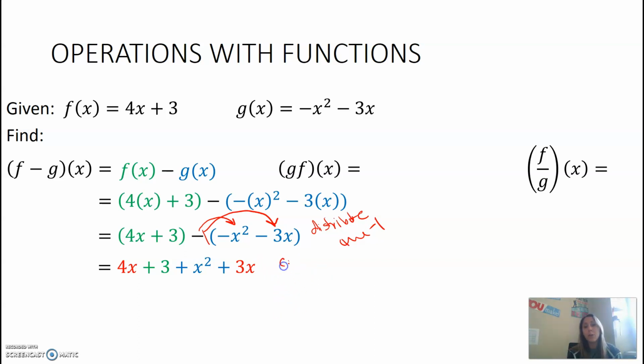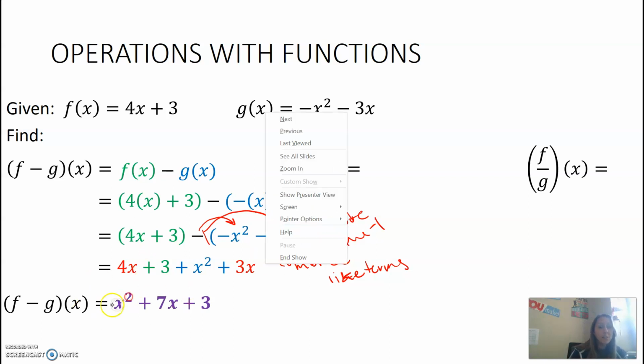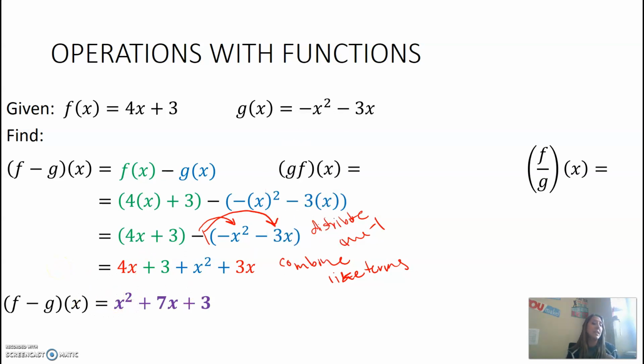Then you are going to combine like terms. Okay, so then you combine like terms, and you're going to get that when I subtract these two functions, my new function, f minus g of x, is x squared plus 7x plus 3. So we're going to do that with two more operations.